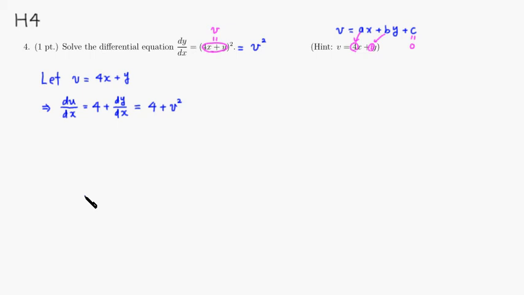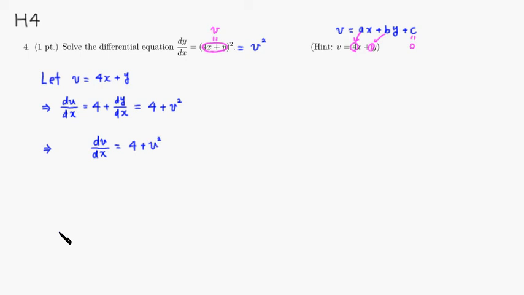Let's clean up the equation. So you're going to have this equation: dv over dx is equal to 4 plus v squared.